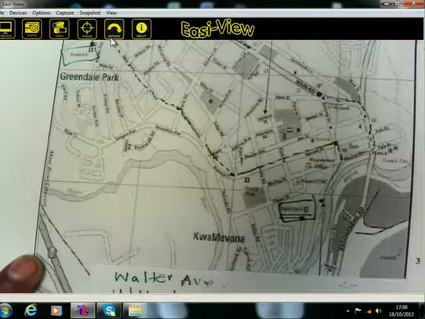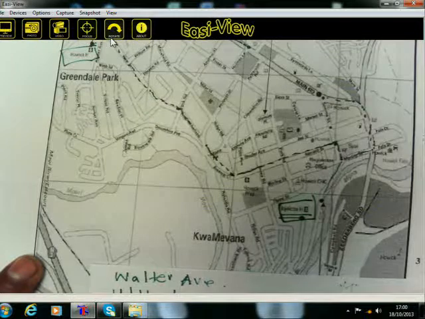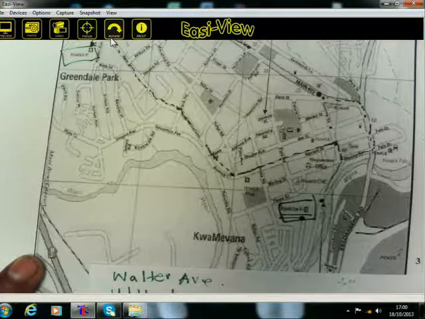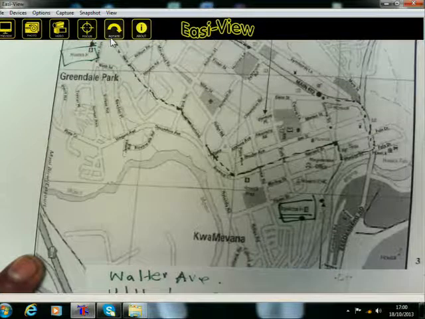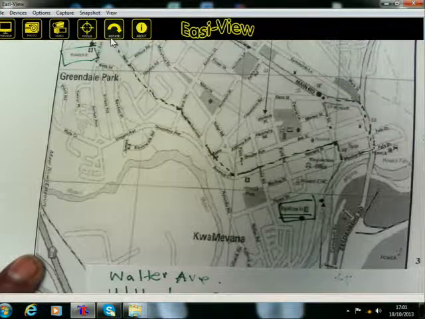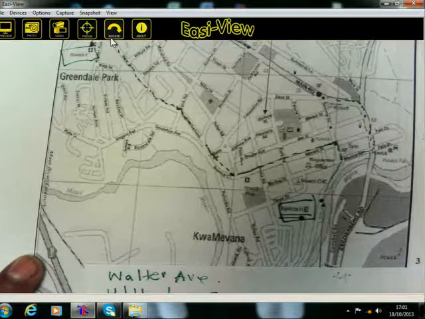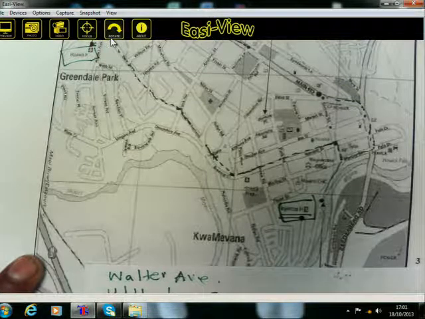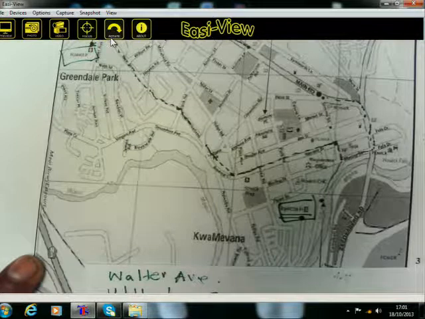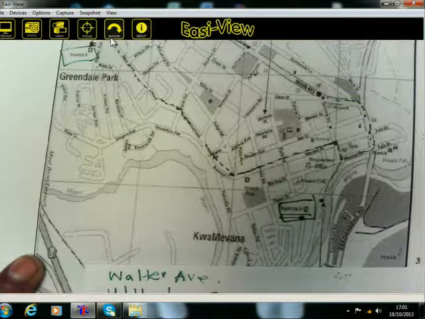From Mainland Street, you go straight to Hartner corner, and you reach Walter Avenue.